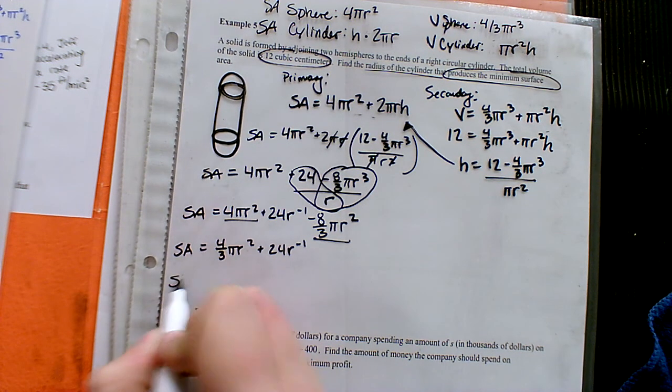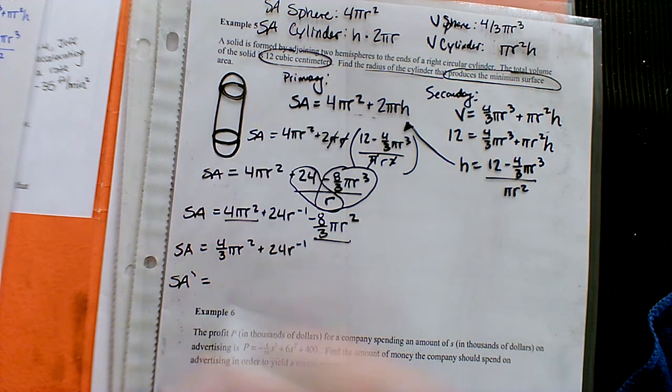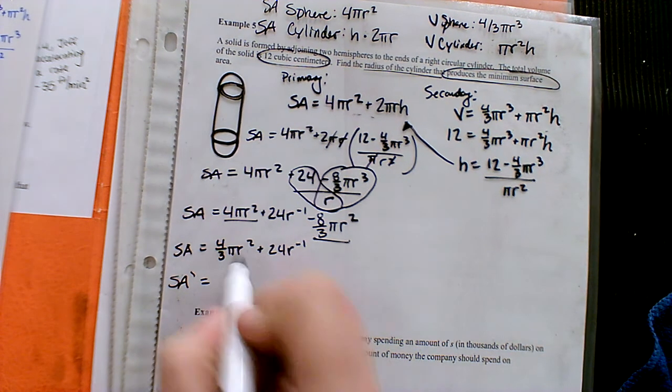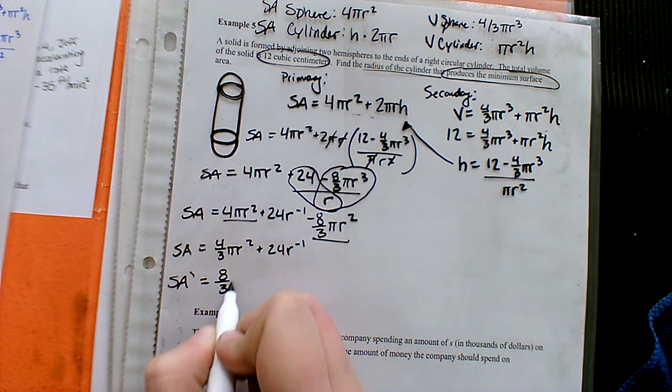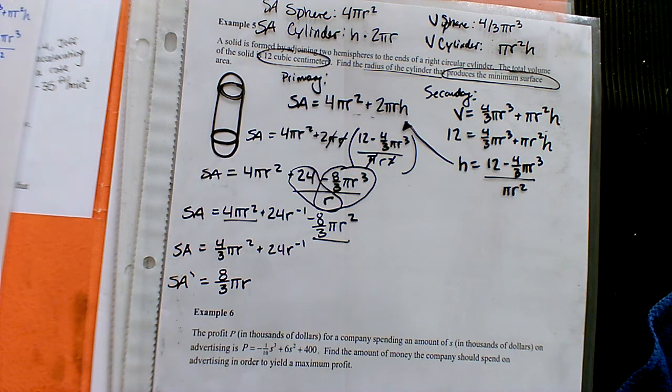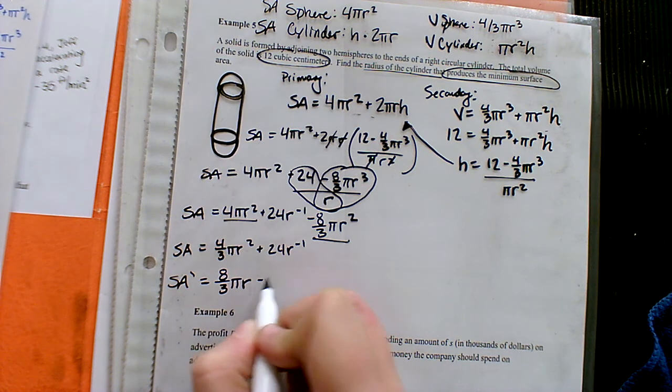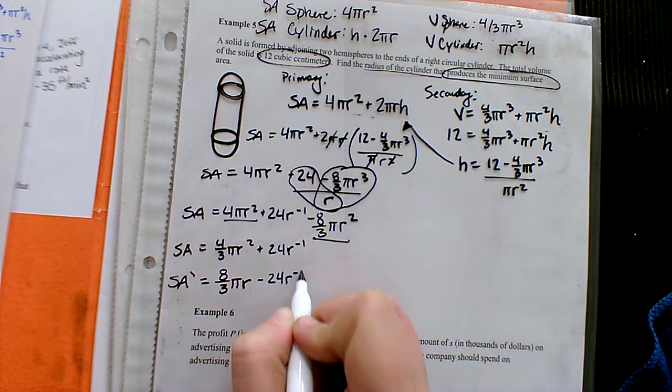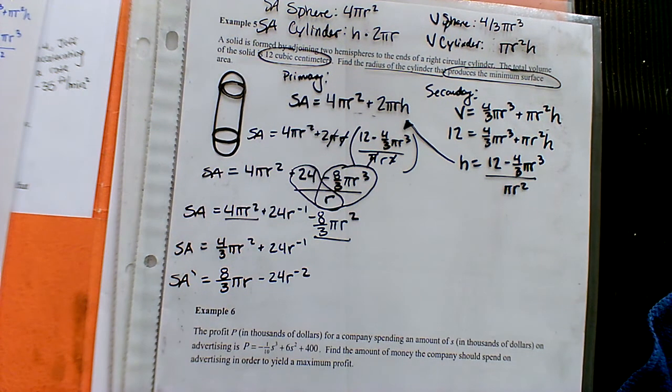All right, so derivative, we'll do surface area prime. And then derivative will have 8/3 pi r minus 24 r to the negative second.